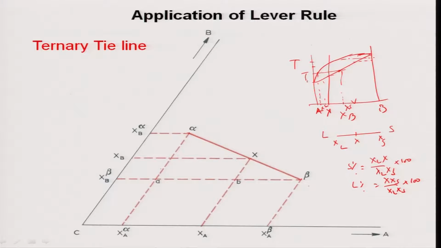If I extend these parallel lines, they will hit the CB side at these points. They will tell me the composition of B in the beta phase, the composition of B in the alpha phase, and the composition of B in the overall alloy.